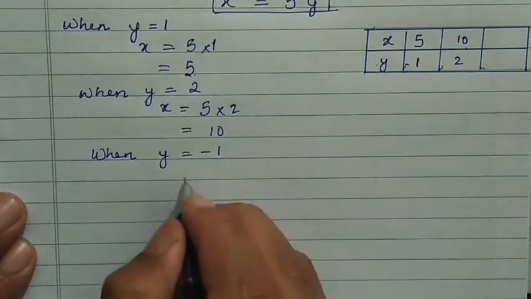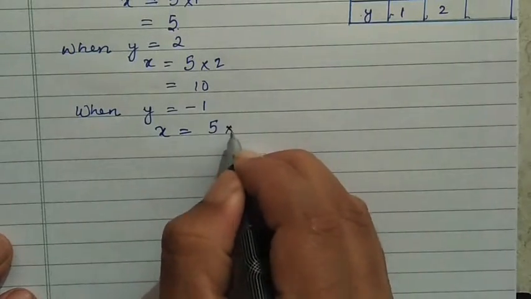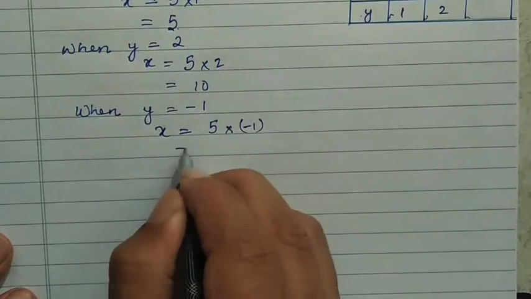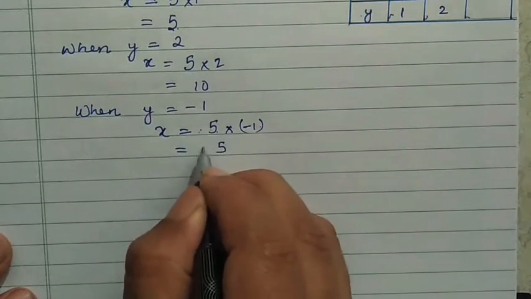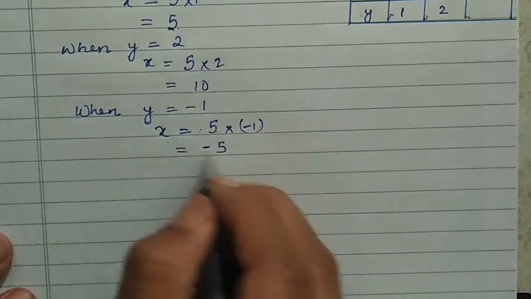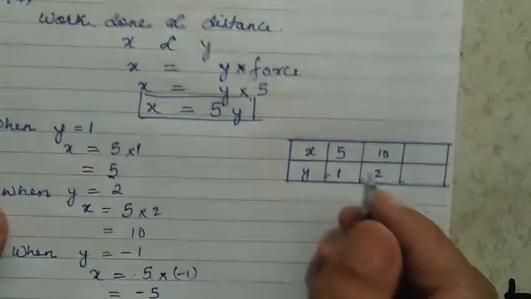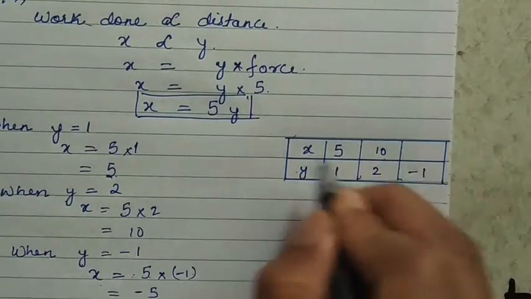With the same equation x is equal to 5y, and y is -1. So 5 into 1 is 5, plus into minus is minus. So when y is equal to -1, x is -5.